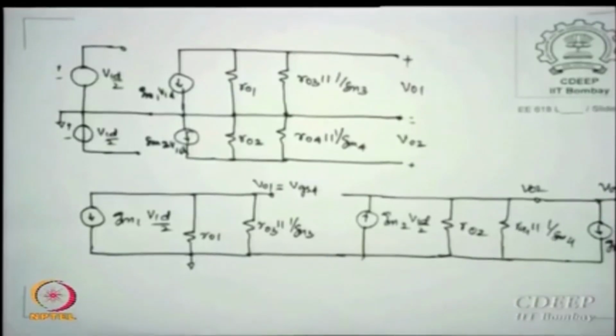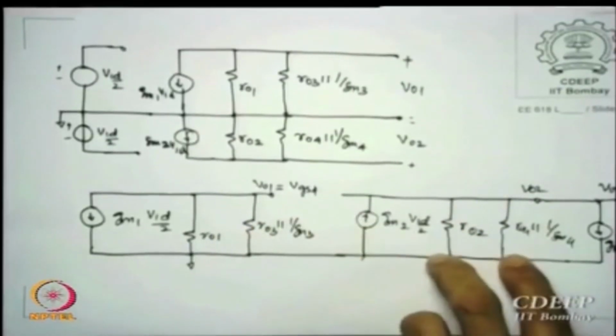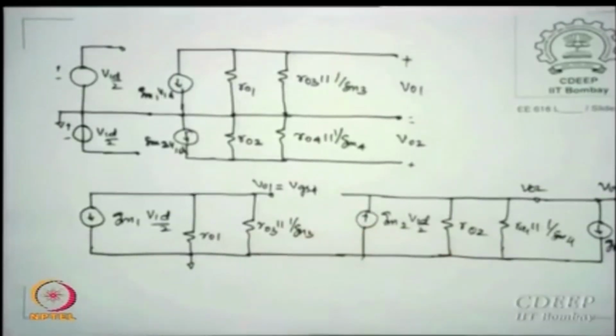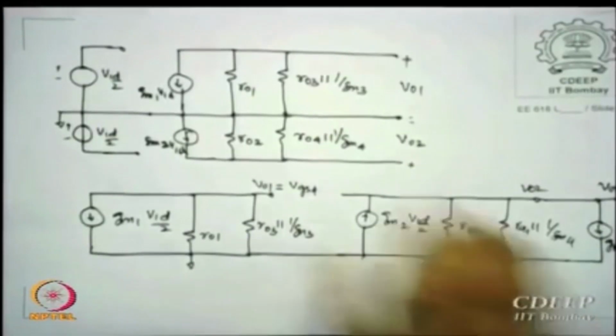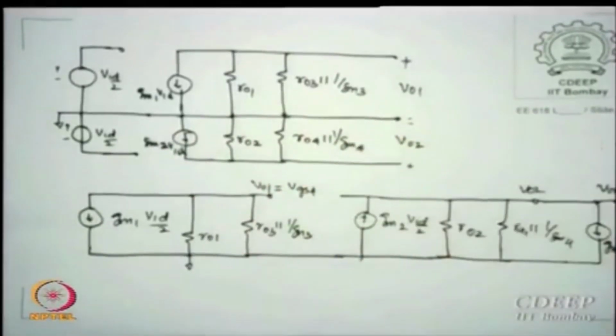Then this is the next source, coming from the other input at M4. Since I use the same ROs for both, I can directly add or subtract the currents and put them across this resistance to get the output voltage, which is essentially doing superposition. You stop this, get a drop, stop that, get a drop, and add up. So this was what we did last time.